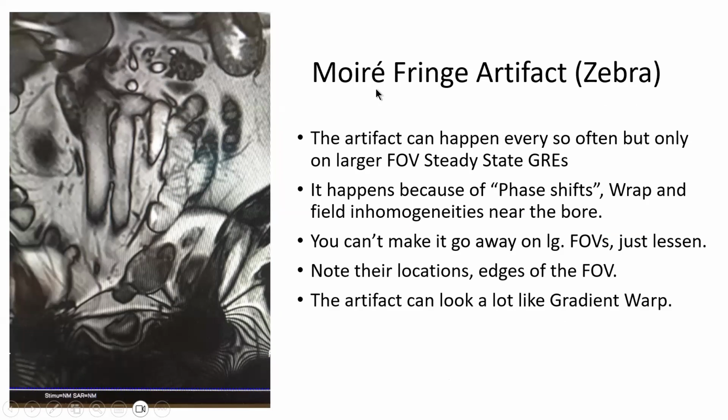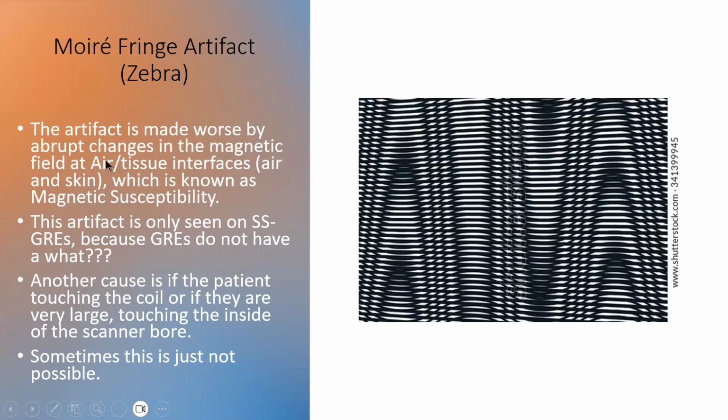That's called Moiré fringe or zebra artifact. And you get that on a very specific sequence called steady state gradient echo. And it's coming from phase cancellations and drifts in precessional frequency. So fortunately, it only happens on the edges of the field of view, not right in the middle. And you could look it up if you'd like to, but this is the Moiré artifact.